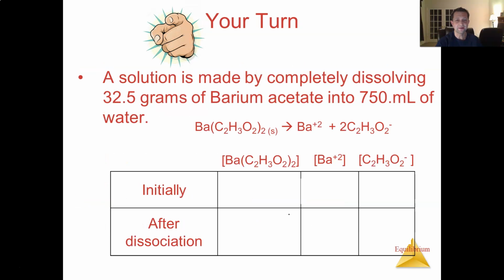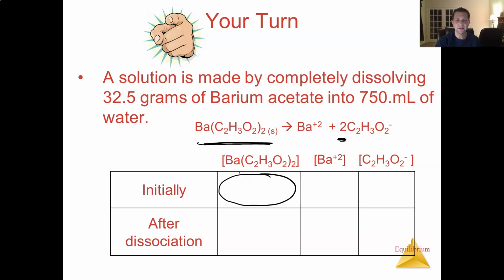So once you get that, you can go into something like this. You can set up a chart like this in your notes. Barium acetate's formula is here, in case you forget how to write formulas. It dissociates into barium plus 2 and 2 acetate ions. Okay? What you want to do is find your initial concentration of barium acetate.